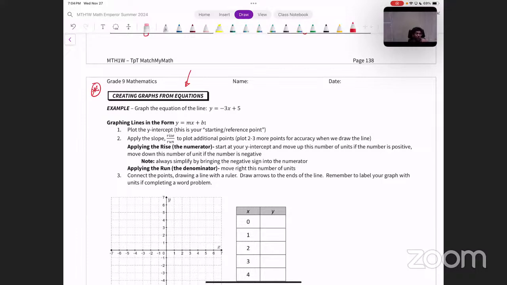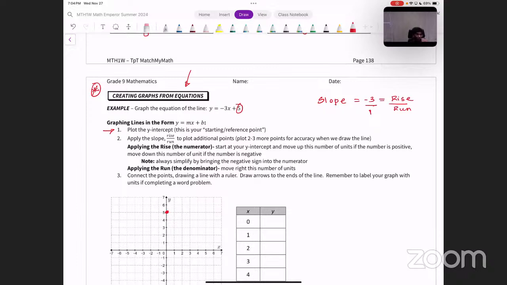So let me see what they asked me to do. First, plot the y-intercept. What is the y-intercept here? 5. Apply the slope, rise over run, to plot an additional point. So what does that mean? The slope is -3, isn't it? This means rise over run is -3, so that means -3 over 1.